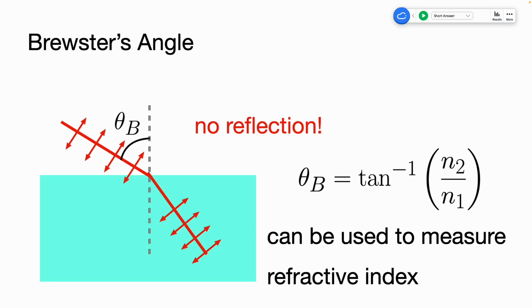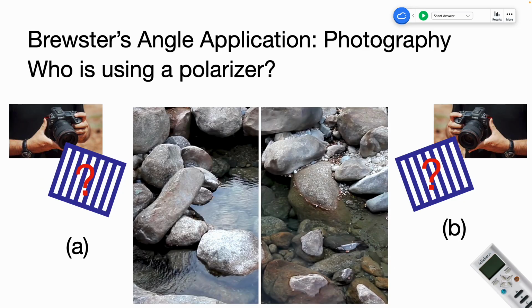Okay, so again, this has some important applications if you're into photography. Now, I have two pictures of a water surface. One is taken with a polarizer, one is not. I do not tell you which one because I want you to make a guess. So remember, when you have sunlight, some of it will be reflected by the water surface.